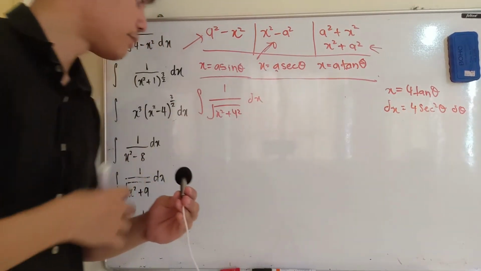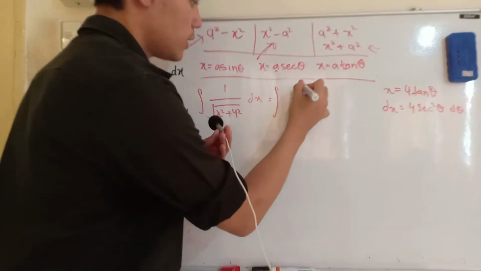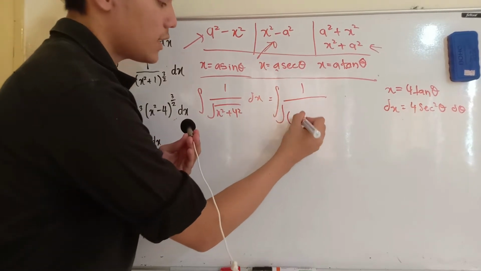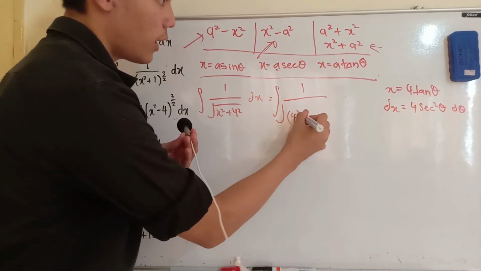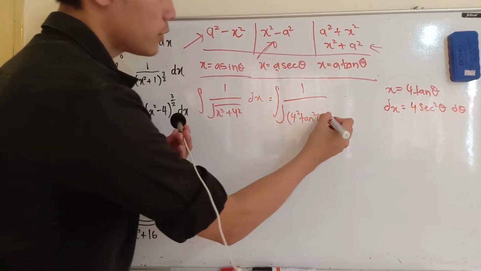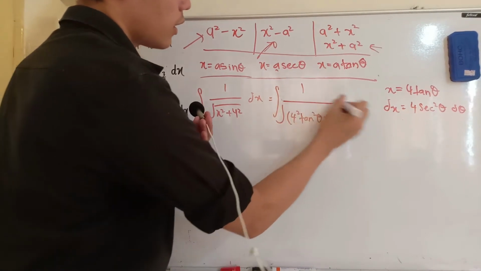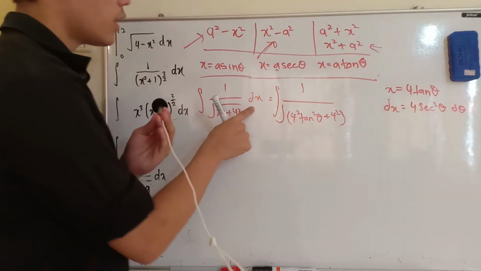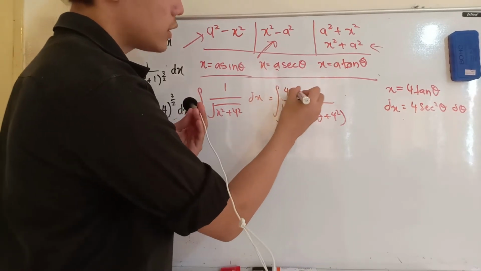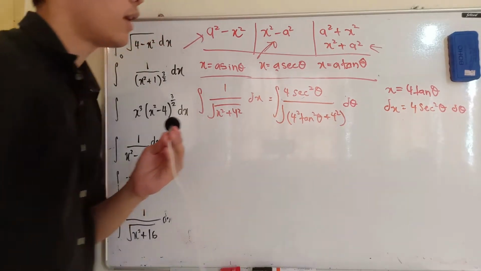So what I'm going to do over here is sub it. Your s square is going to be 4 square tangent square theta, plus 4 square. And your ds is 4 secant square theta d theta.